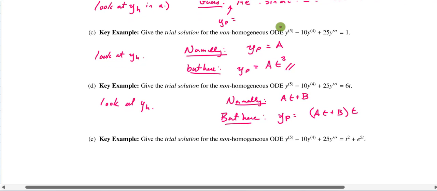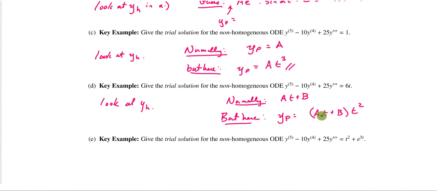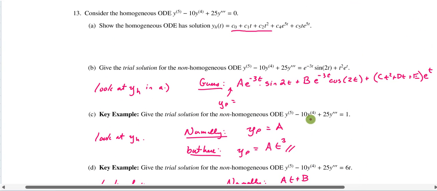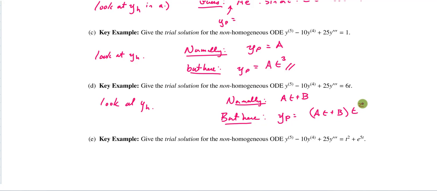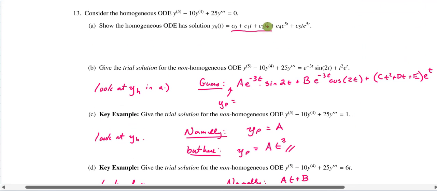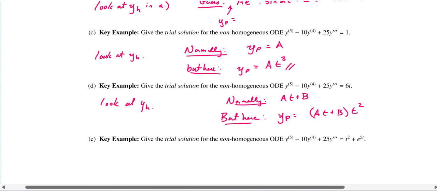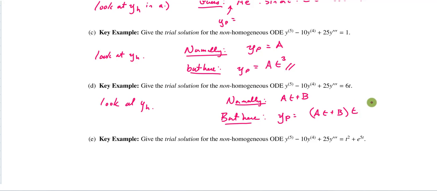But even if I tried t squared, now while it is true that the at times t squared would give me at cubed, that would clear the homogeneous family of solutions, my normal trial guess in its entirety would not, because I would still have a bt squared, and that shows up in my homogeneous family of solutions. So what do I need to multiply this by? The answer is t cubed. And that's our answer to this problem.